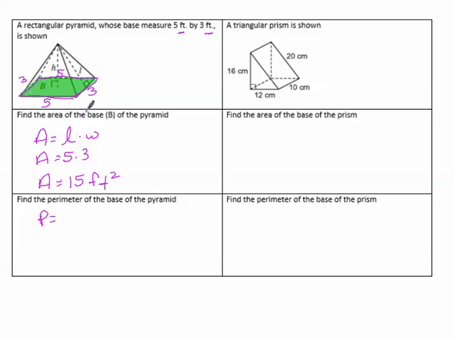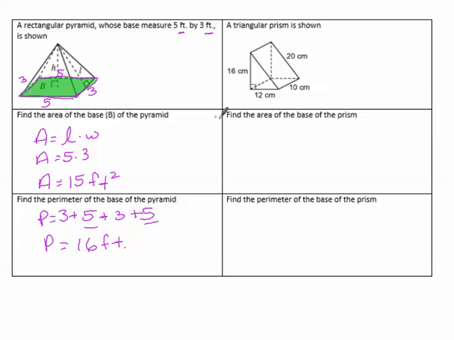So I've got 3 plus 5 plus 3 plus 5. Okay? So that's 10 plus 3 plus 3, so 16 feet. So if this were like a real world problem, then I would need 16 feet of fencing to take it around this teepee or this pyramid.